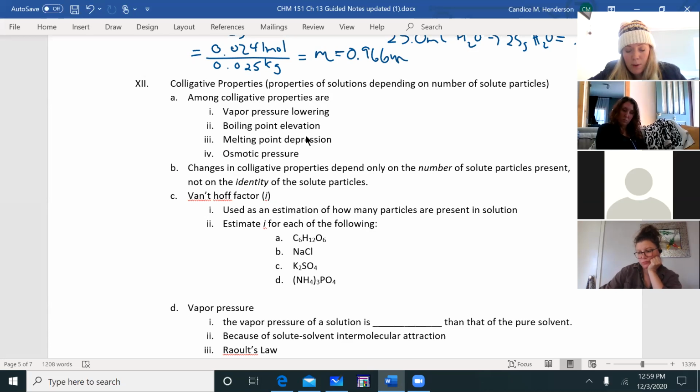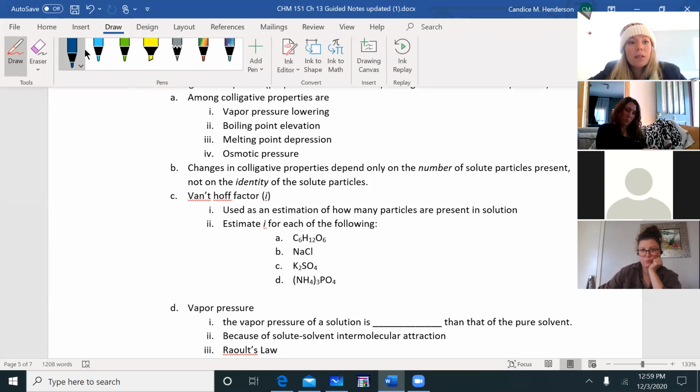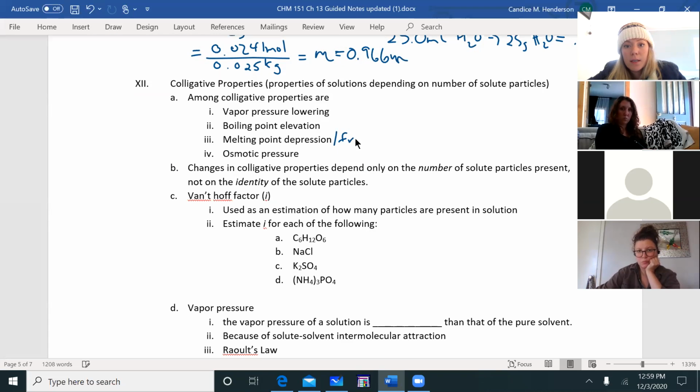Sometimes this melting point depression is also called freezing point depression, because melting and freezing are one and the same. Melting and freezing are happening at the same temperature, right? They're just that one is absorbing energy and one is losing energy.